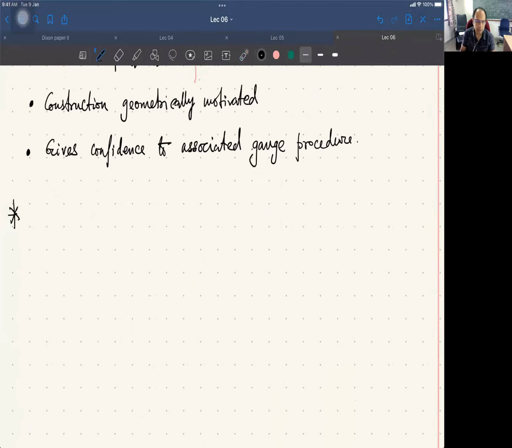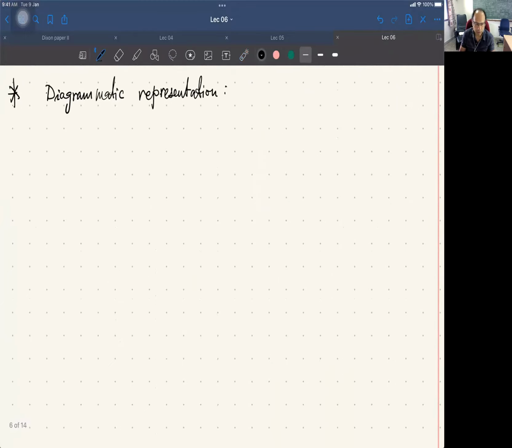So there is a diagrammatic representation of the object that we found in this theory, which is a two-point function. So this is equal to delta(x minus y), or k.